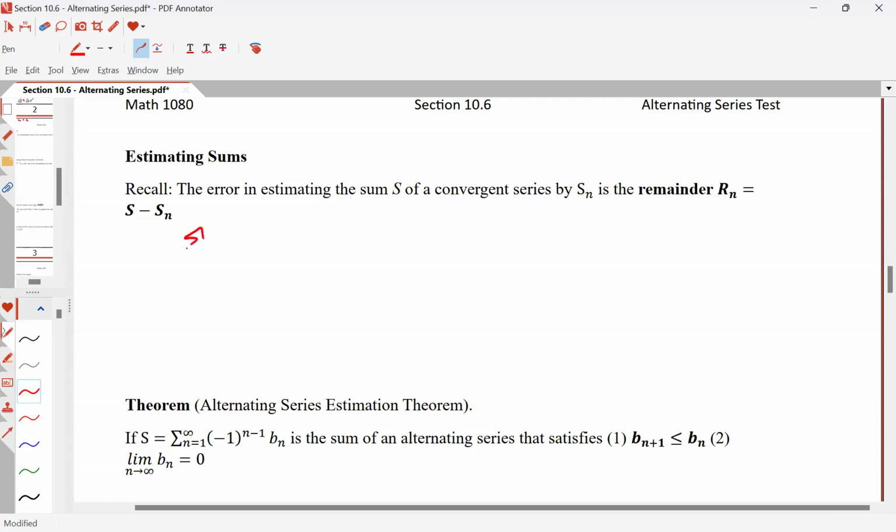Remember, we have a sum from n equals 1 to infinity of some sequence a sub n, which is a sub 1 plus a sub 2 plus a sub 3 plus so on until a sub n plus a sub n plus 1 plus a sub n plus 2 plus, and we can keep going to infinity.